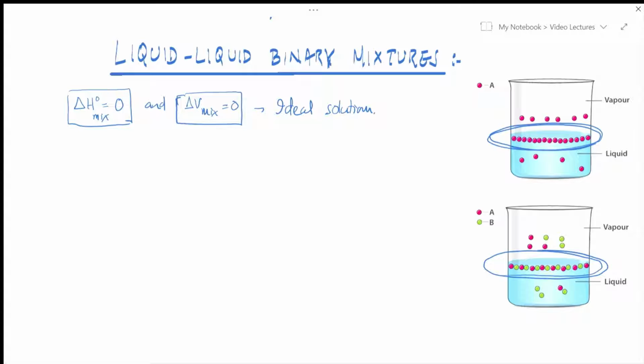Now the partial pressure which we get due to vapors of a particular liquid is given to us by Raoult's law. Please write this.